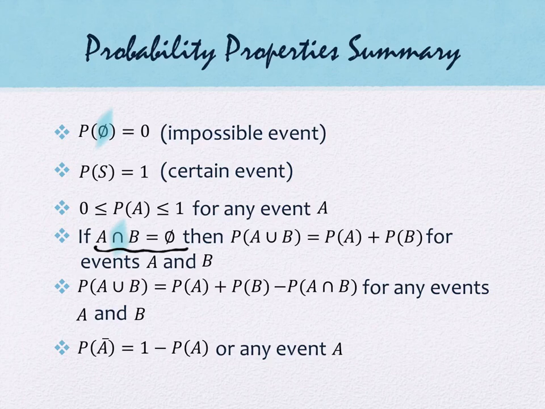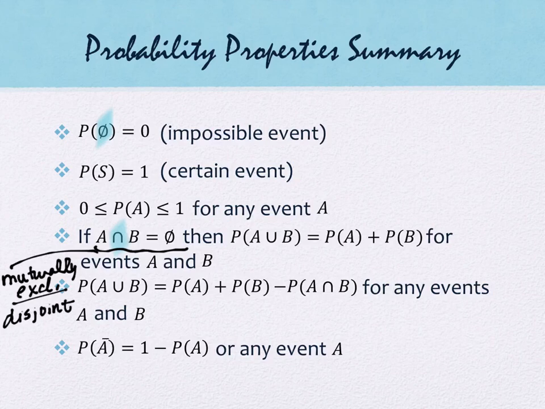This means that these are mutually exclusive, or you can say disjoint. Okay, so if their intersection is the null set or is the empty set, means they have nothing in common. Then when we look at the probability of the union, we can separate it into 2 different pieces. It's probability of A plus the probability of B. Okay, but they have to have nothing in common first.